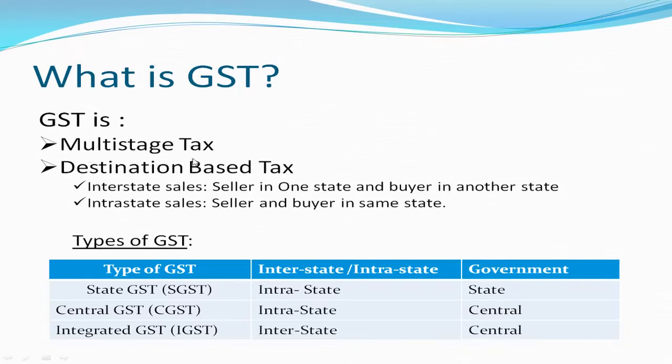GST is multi-stage tax. That means GST is charged at every stage of buying and selling. What does it mean? We will discuss this multi-stage tax in next slide. But this is destination based tax.